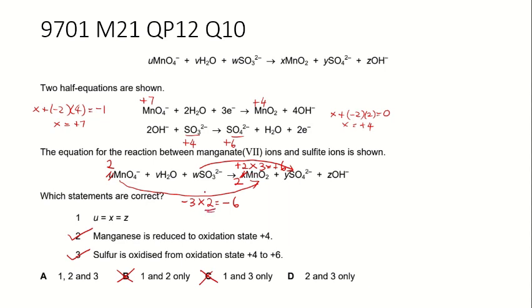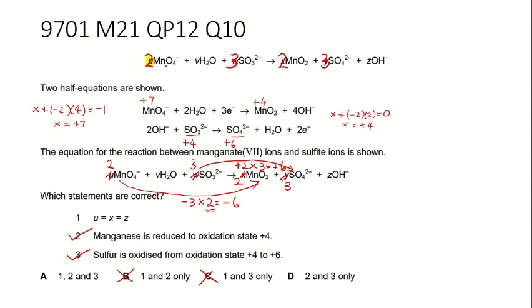So we follow the factor that we multiply. And for sulfite, multiply by 3, so W is 3. Y is also 3. So I'm going to rewrite the whole thing. 2, 3, 2, 3.